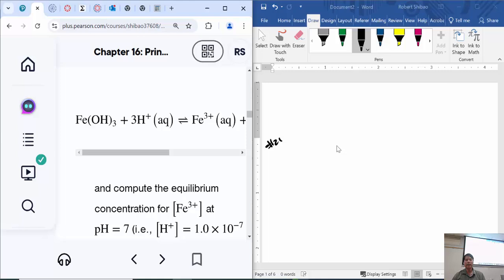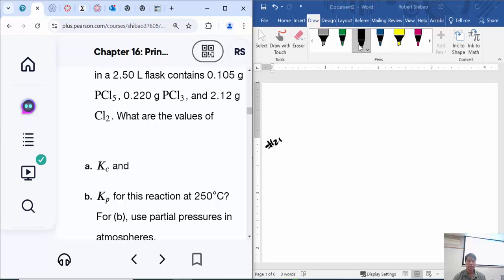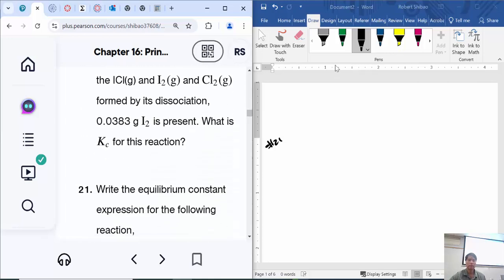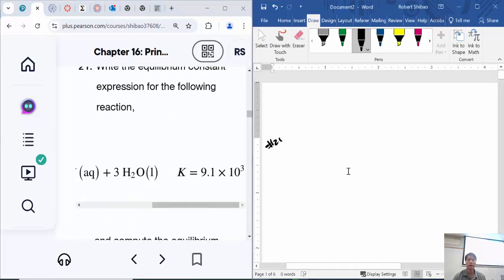So our K expression is going to be the activities. We'll just do KEQ here. So anyway, our K is going to be the products of this, which will be iron 3+ to the first, and then water. What's the activity? It's 1 and it's cubed, 1 cubed. And then this is going to be iron 3 hydroxide solid.